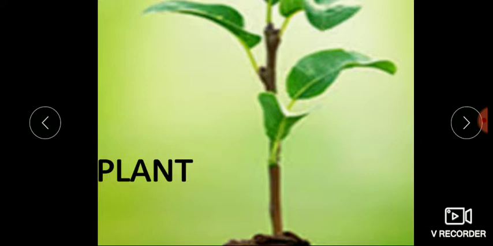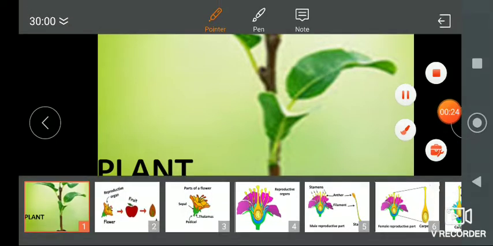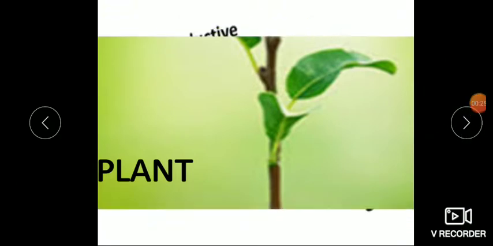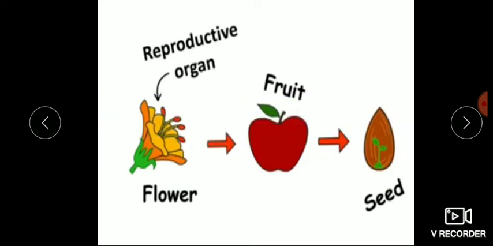Okay beta? So beta, when you go to a garden or park, you always see flowers.